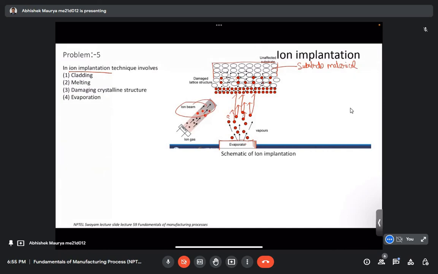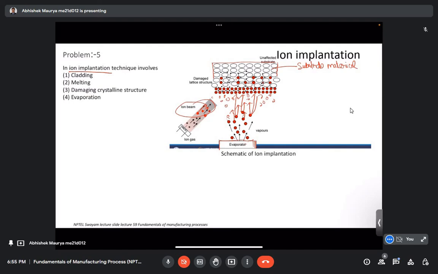we have ions, then we can increase their velocity by applying electric and magnetic fields. So we can control the velocity, and our target is to improve the velocity of these materials. Suppose these materials get vaporized, they are here and there, but they will not automatically enter into the substrate material.